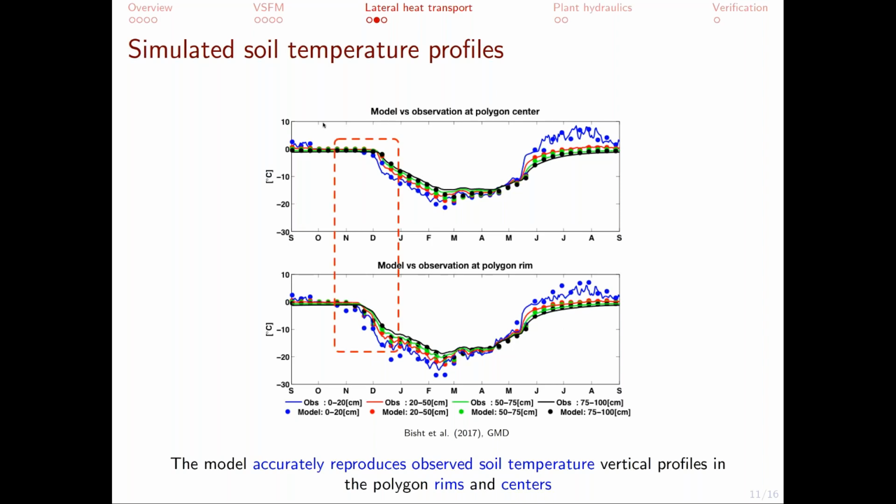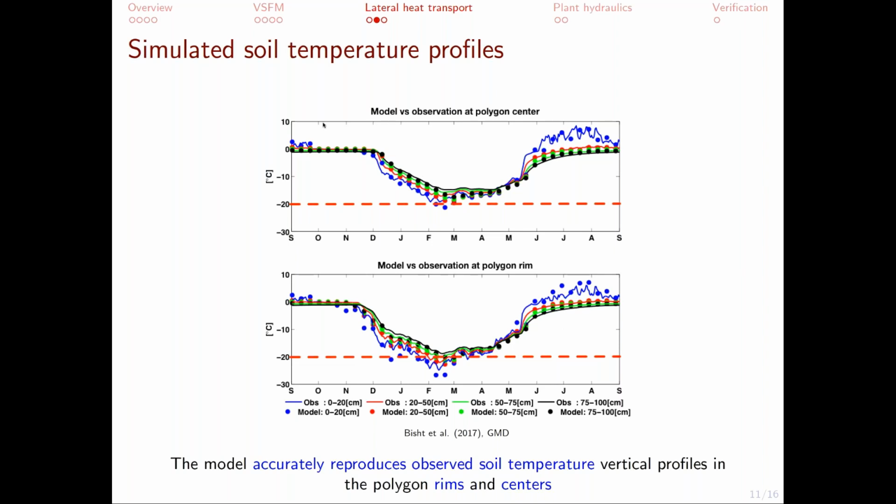Moreover, the model is able to pick the earlier freeze-up for the rims as compared to the centers, and was also able to predict lower soil column temperatures in the rims compared to the centers.